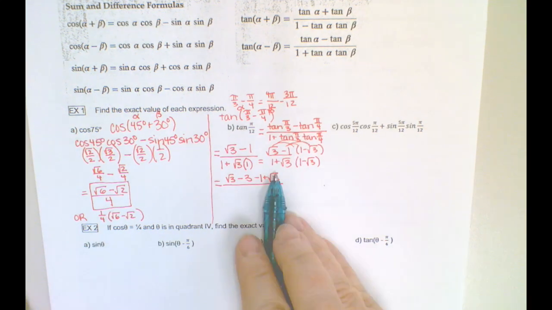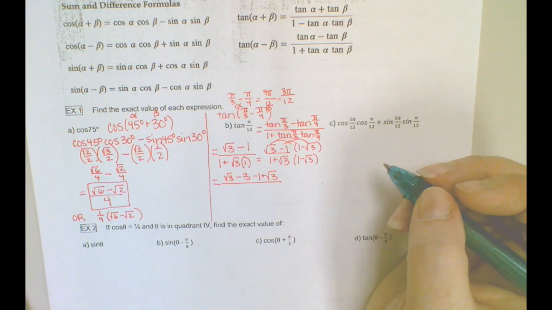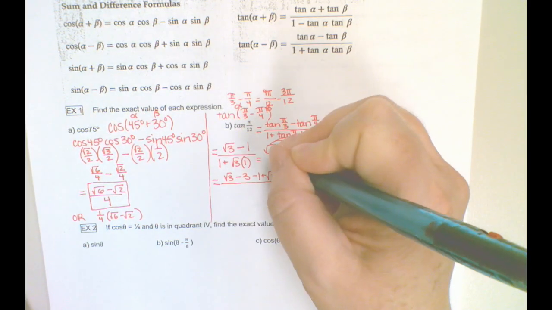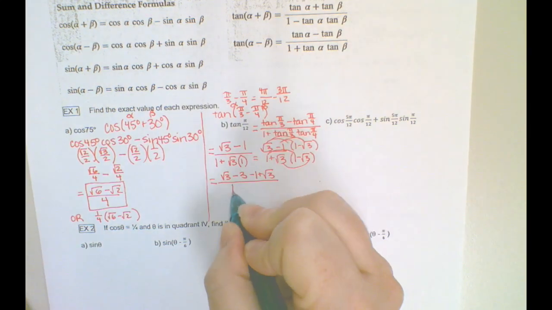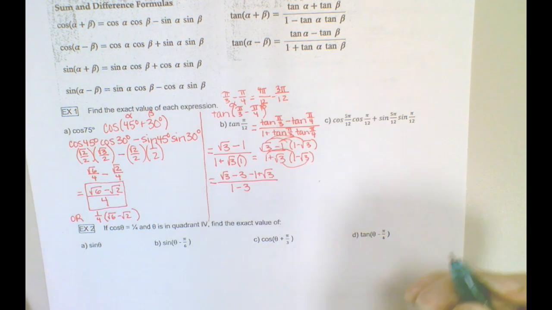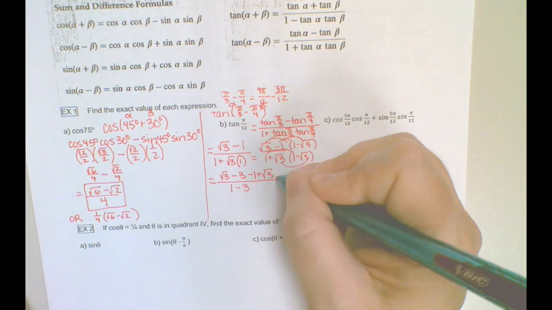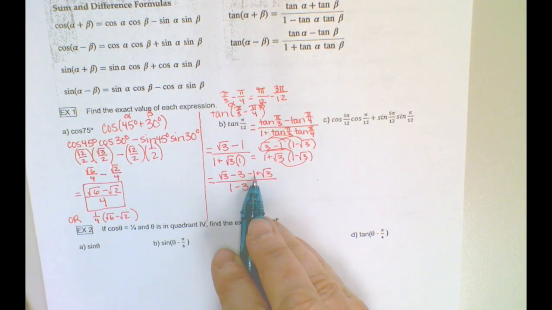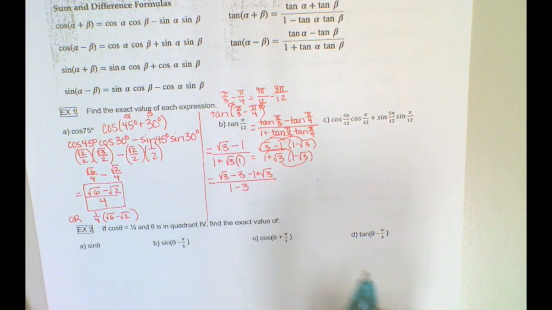In the denominator, the whole point of those conjugates is that the insides and outsides drop out. So all I really need to do are the firsts and the lasts. So 1 times 1 is 1. Radical 3 times radical 3 is 3, and it's a minus on it. And now I'm going to combine like terms. So radical 3, negative 3, negative 1. Those are all like terms, so I'm going to combine those.